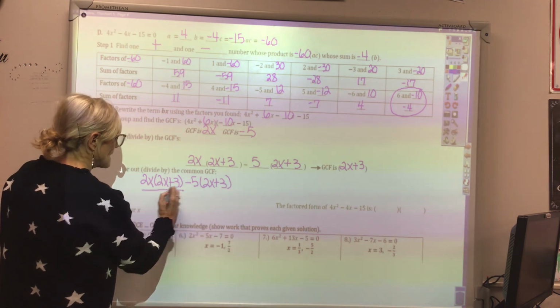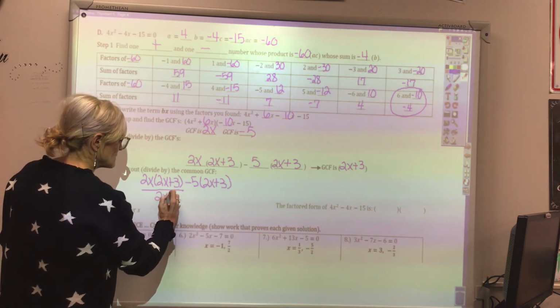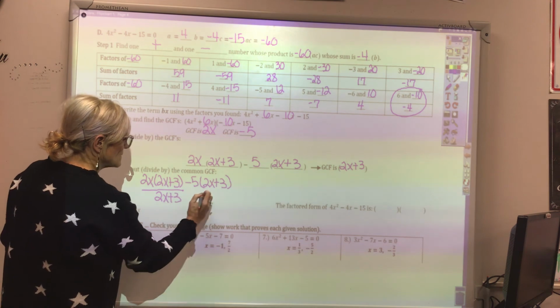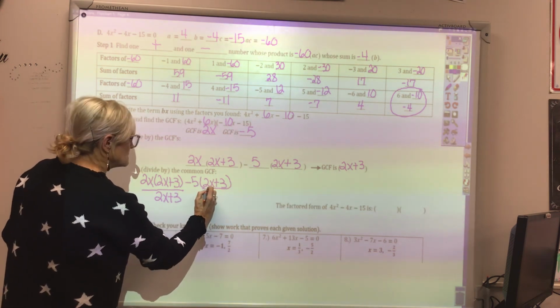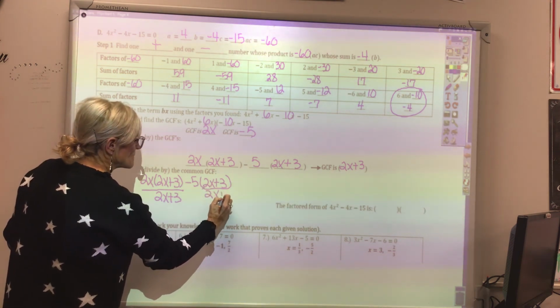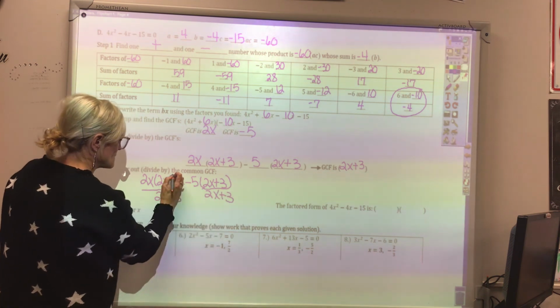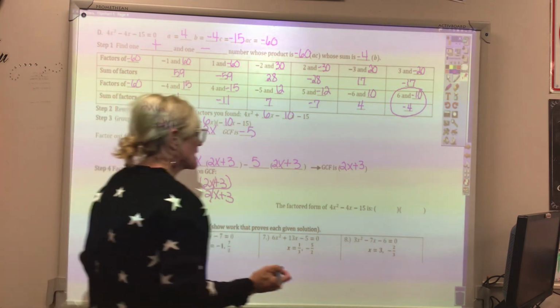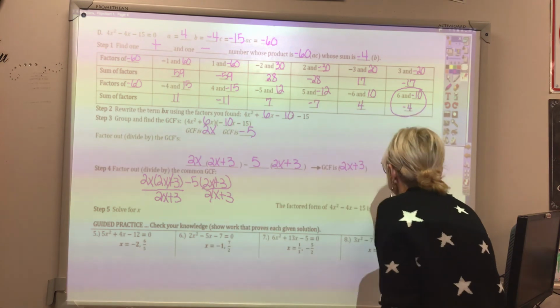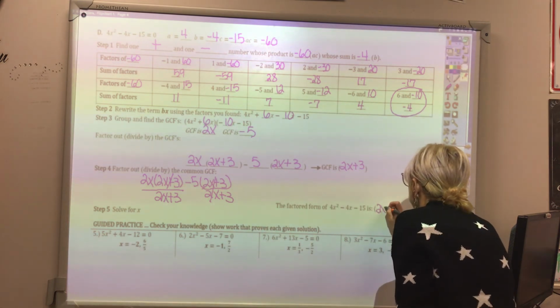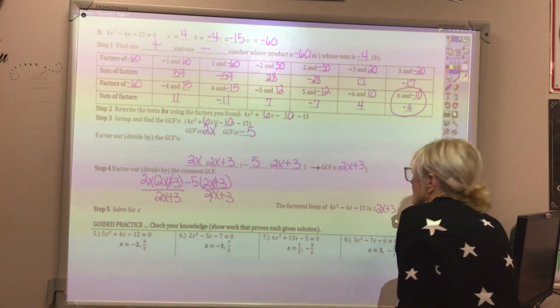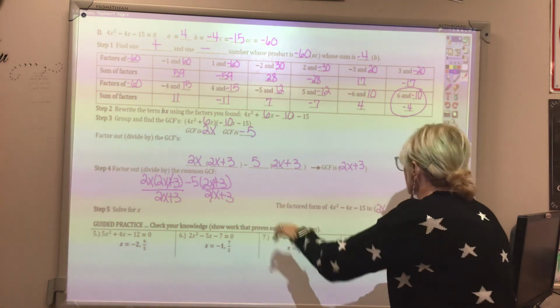Then you're dividing out the greatest common factor of 2x plus 3. So you can see when we factor it out, the 2x plus 3, that what we're left with is 2x minus 5.